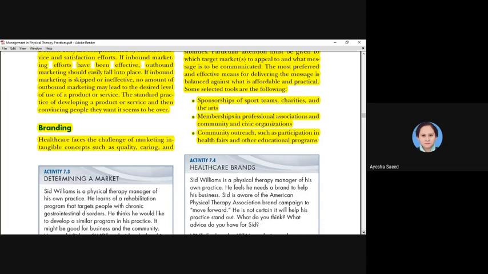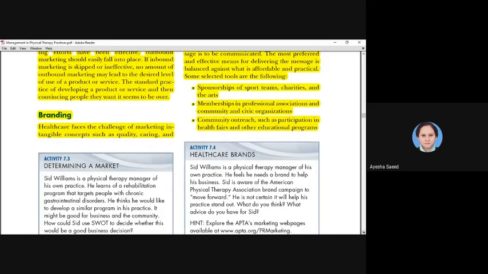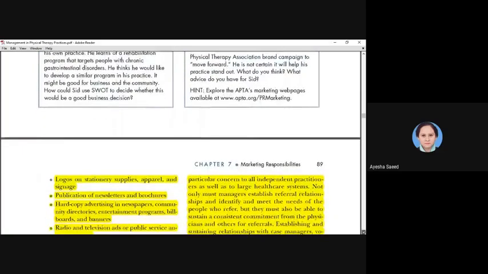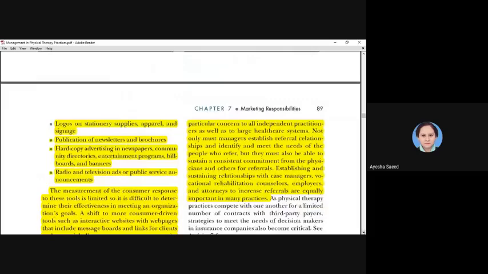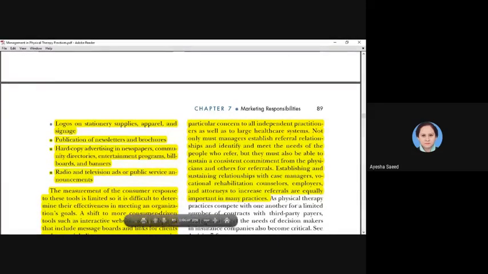Holding camps and providing free services can go a great deal in marketing your product and yourself. Logos on stationery supplies, apparel, and signage, publication of newsletters and brochures, hard copy advertisements in newspapers, community directories, radio and television ads of public services.